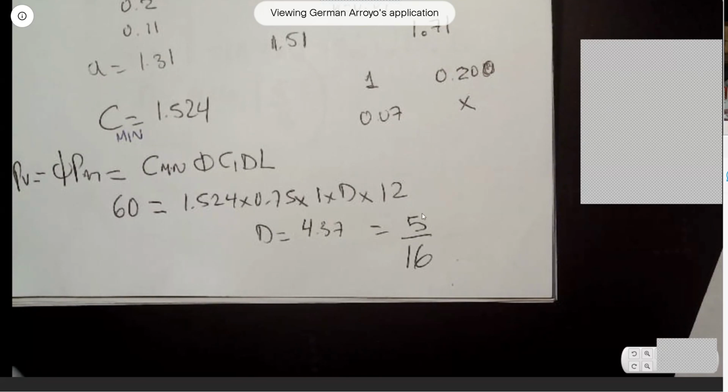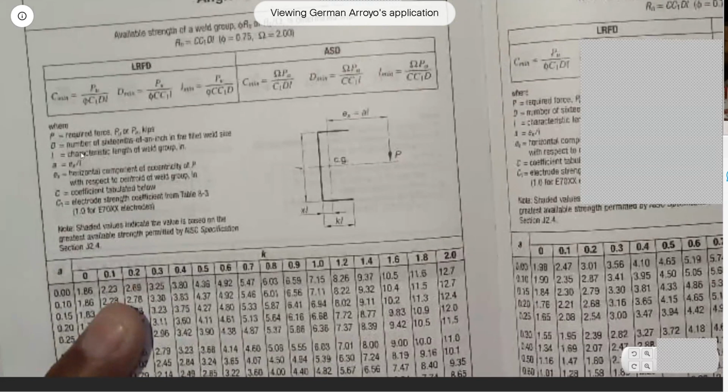So everything that you find for the value of D is in 16ths. If I find 5.5, that's 16ths. So everything is going to be in 16ths. This is given in here, in 16ths.